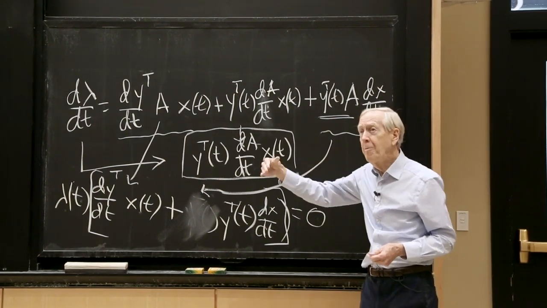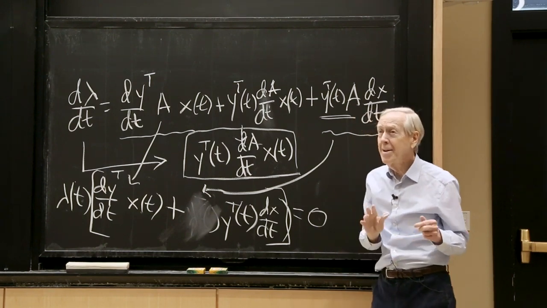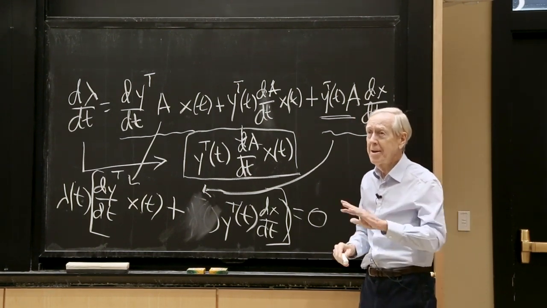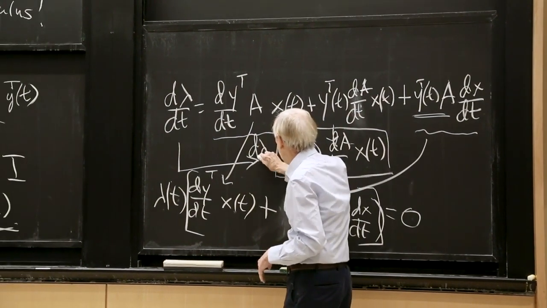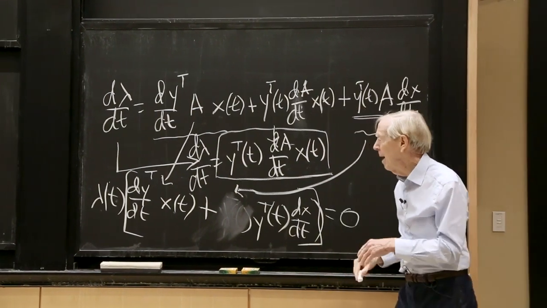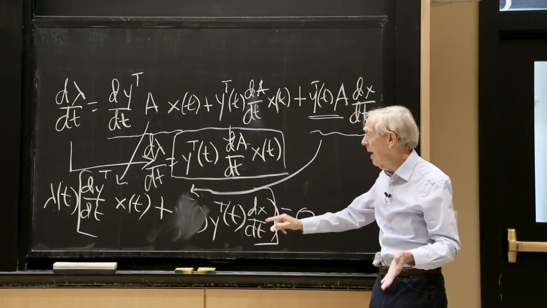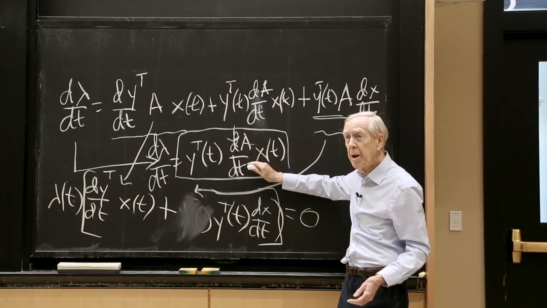If I want to take the next step, I tried this weekend, but it's a mess. It would be to take this is my formula then, d lambda dt equals this, and I can take the next derivative of that, and it will involve d second A dt squared, right?